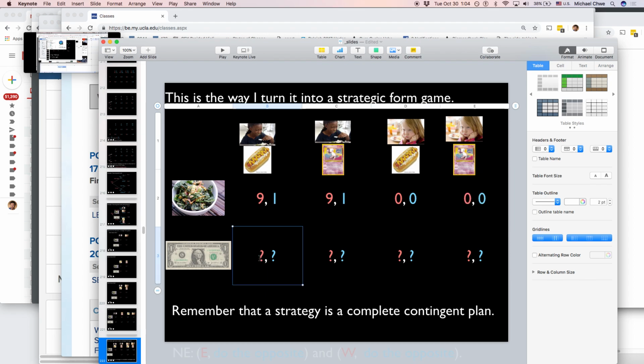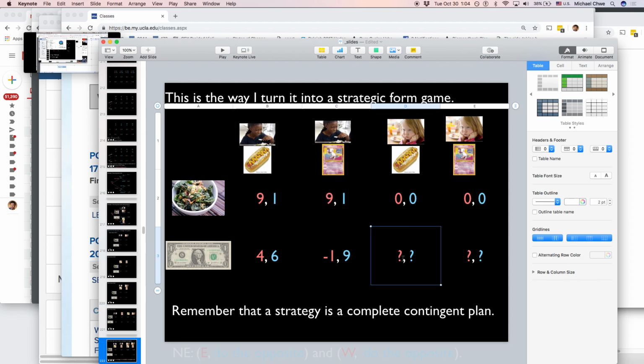How about this? This is where the dad gives money, and what does the kid do? Hot dog, right? So it corresponds to dad gives money, kid does hot dog, 4-6. How about here? This is the Pokemon card one. Dad gives money, kid buys a Pokemon card. How about this?